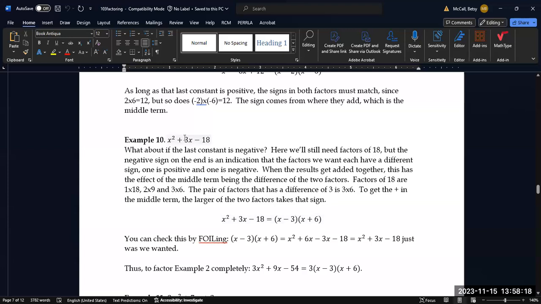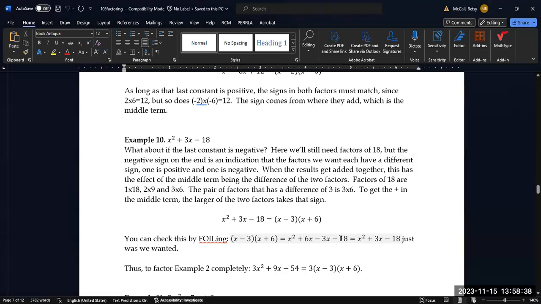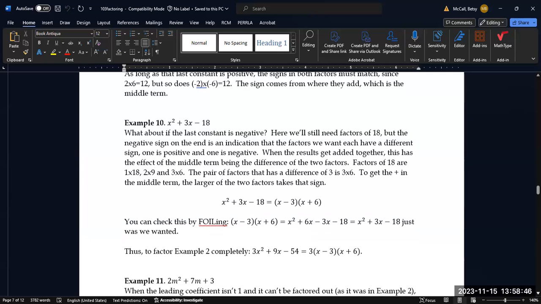The larger one will have the same sign as the middle term. And so this will be a plus 6 and a minus 3. And again, you can check this by FOILing, because you're going to get a plus 6 and a minus 3, which is going to partially cancel and leave you with a plus 3. If the middle term was negative, then you would make the larger factor negative, and that would be equivalent.